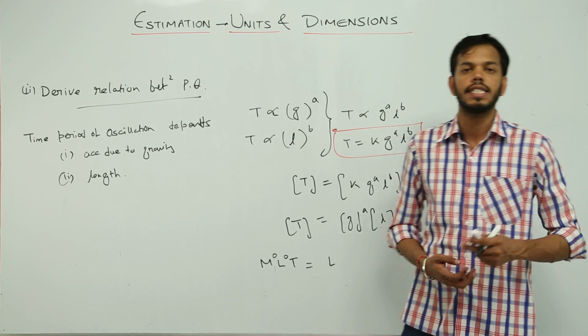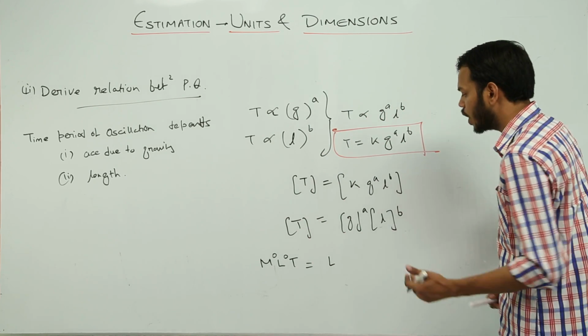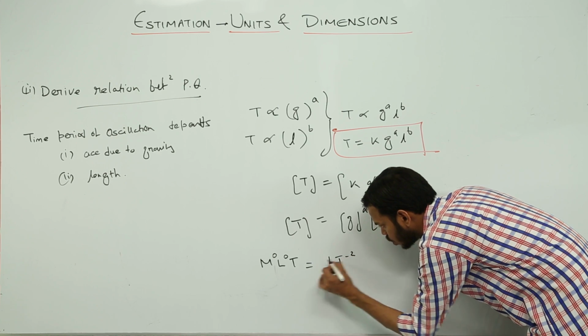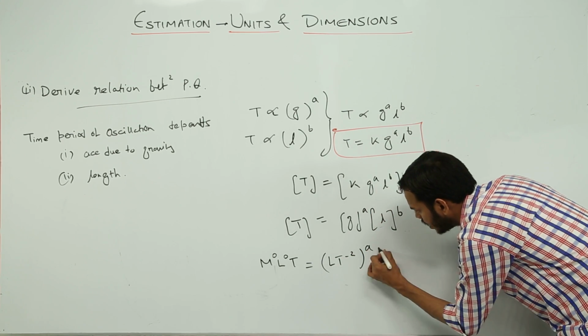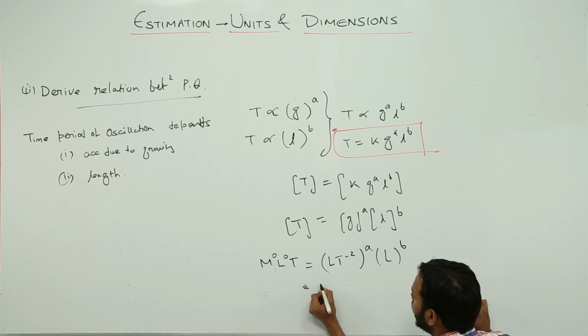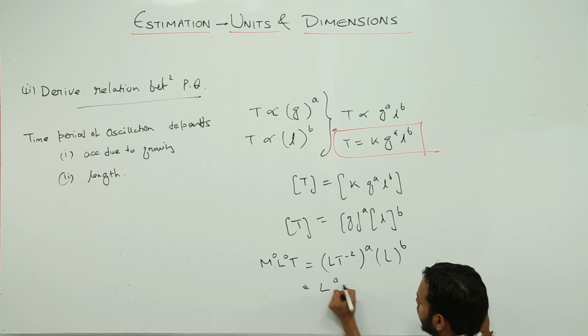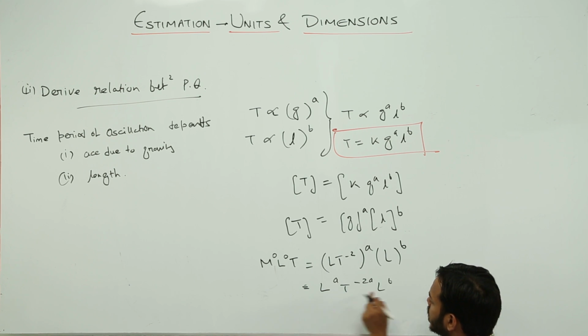It doesn't matter if it is acceleration due to gravity or simply acceleration, the SI unit has to be the same, that is meter per second square, or LT^-2. This is raised to power a, and length is L raised to power b. So what do I get here? I get L raised to power a, T raised to power minus 2a, and L raised to power b. So this L becomes a plus b and T^-2a. This is how powers get added and subtracted.